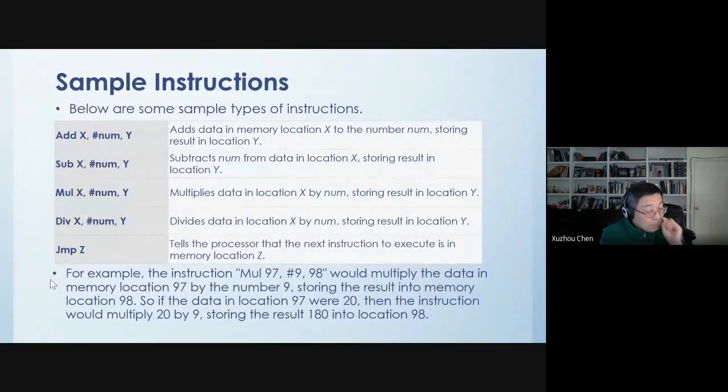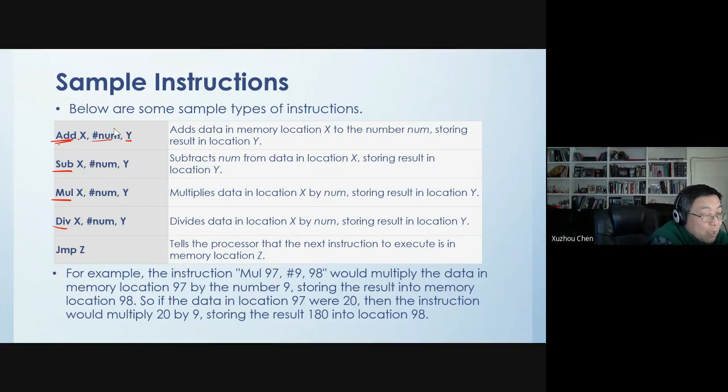Now, here I can give you an example of a sample instruction. Technically, an instruction is just a sequence of binary numbers, but people also use a mnemonic form. Instead of using binary numbers, they use a mnemonic form to represent each instruction. For example, this is called add. Add x, comma, num. What does that mean?